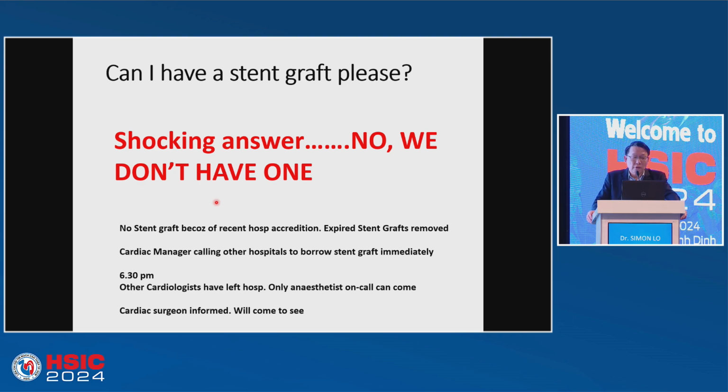Because of the recent hospital accreditation for JCI. Anything that is expired must be removed from the lab and the hospital. So we always have 2 stent grafts, but they were expired, so they were removed from the hospital. So I have to say at that time I wasn't very happy.